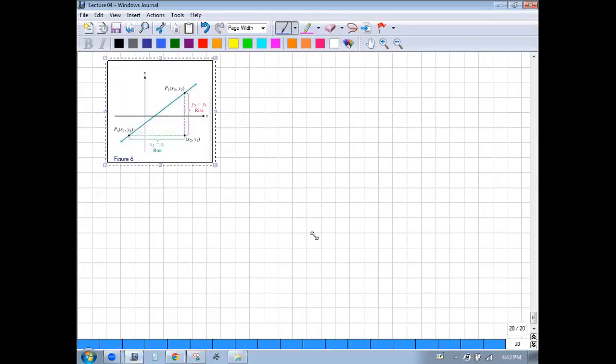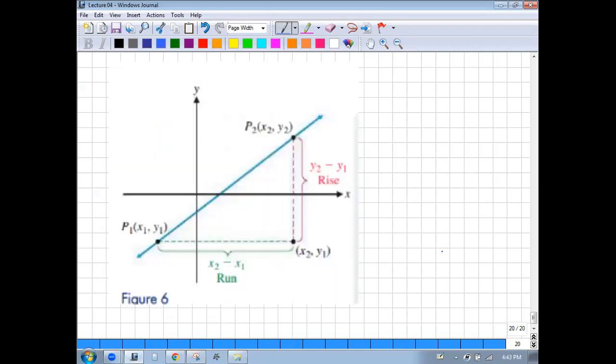All right, it has to do with a triangle. So here's 2 points on the line. We want to figure out what the slope is. Okay. Well, we're going from here up to here, right? So we go up that much, and then we go to the right that much.